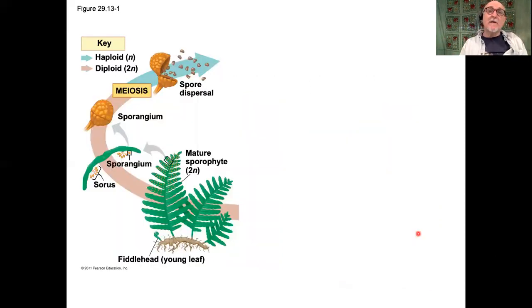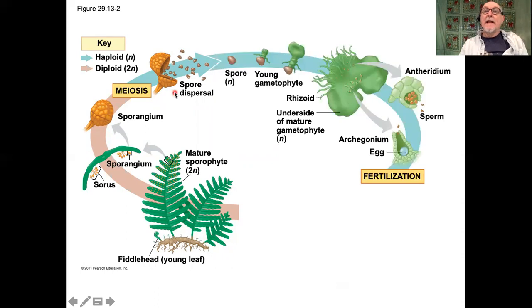So the life cycle, you can probably already work out more or less what it is. Here's a mature sporophyte. The mature sporophyte is diploid, but in its sporangia, it undergoes meiosis to produce spores. The spores disperse and they form gametophytes.